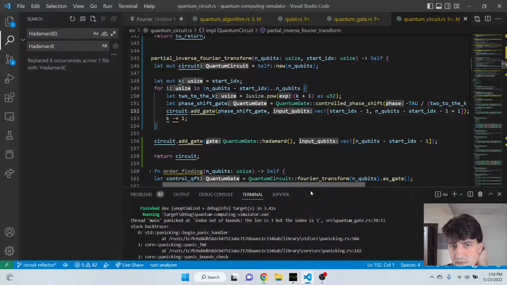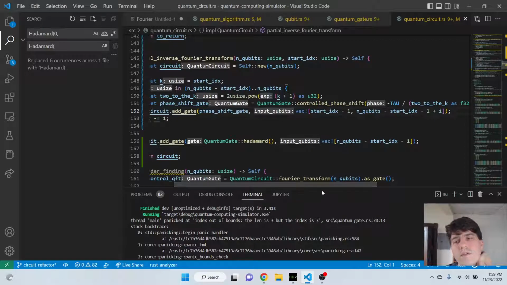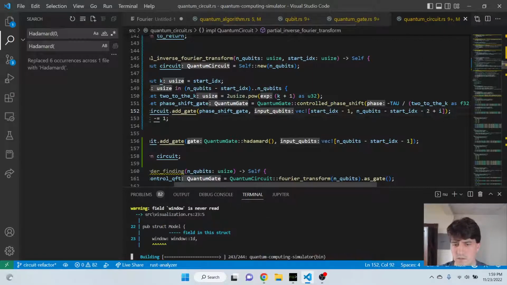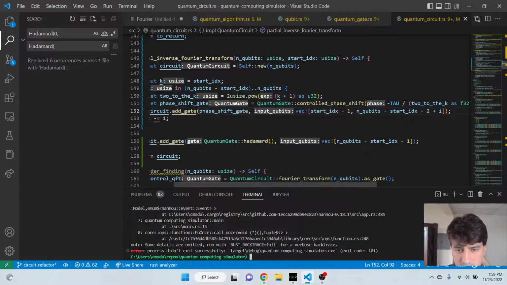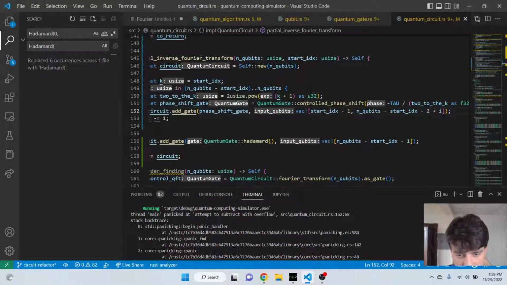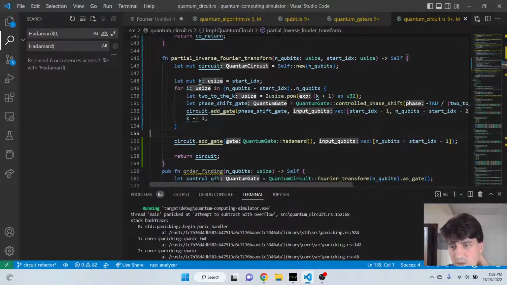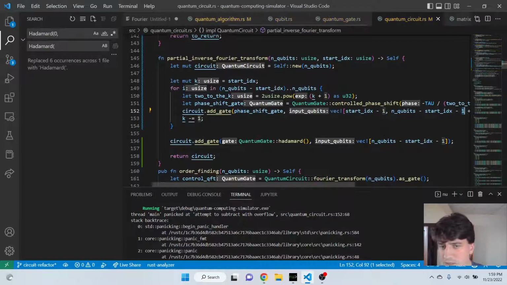And n qubits minus start index, it's going to be 2. Minus 1 is 1. Plus 1 is 2. How can it be minus 2? I don't know where 2 came from in here. This is like aggressively not the nicest algorithm I've ever written. Attempt to subtract with overflow. Yeah, I don't think it can be minus 2.